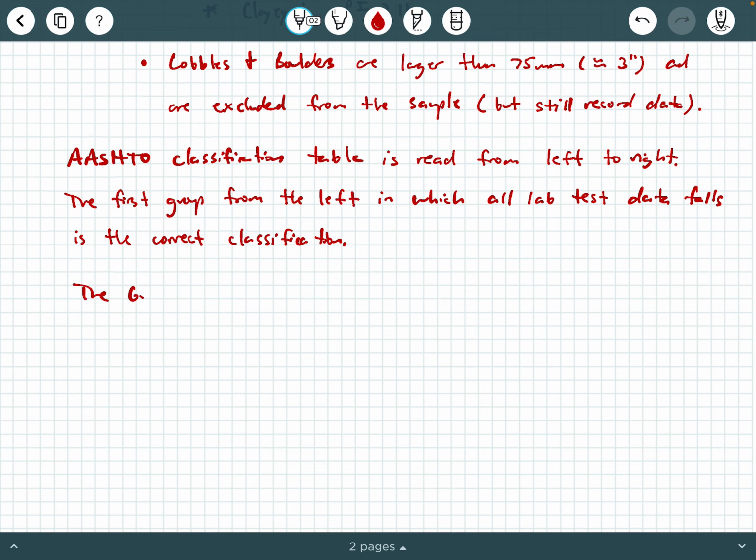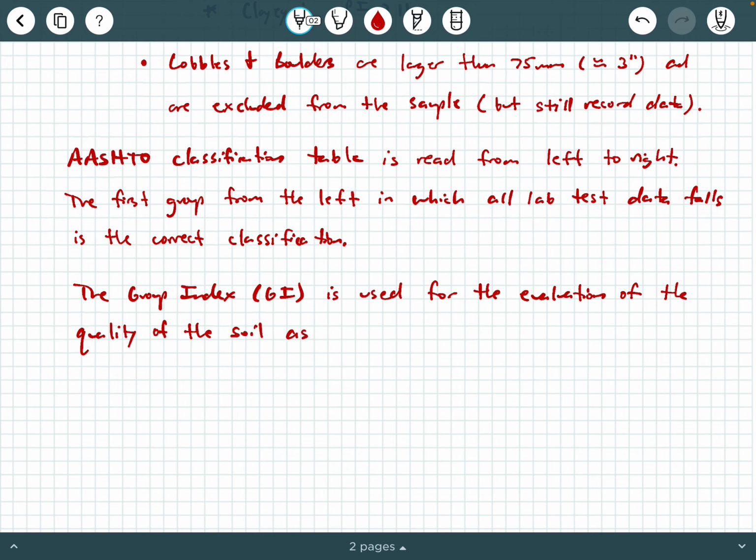So we're going to say the group index, or GI, is used for the evaluation of the quality of the soil as a highway subgrade material, okay?